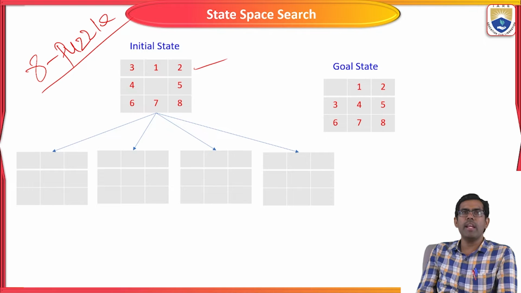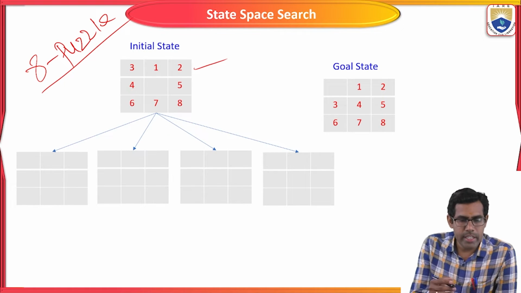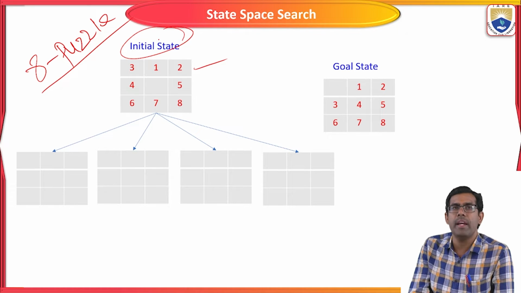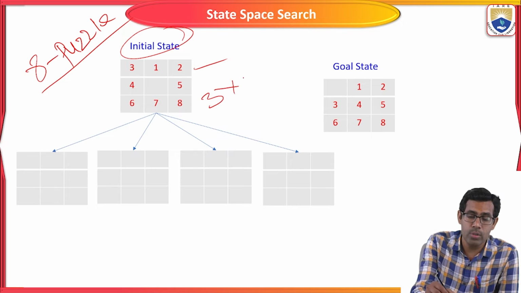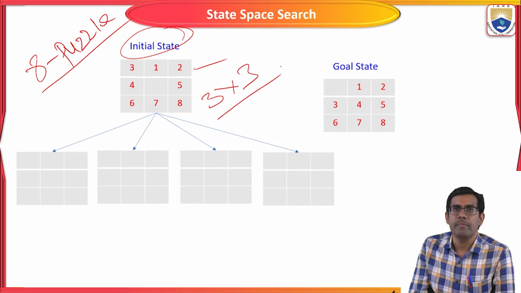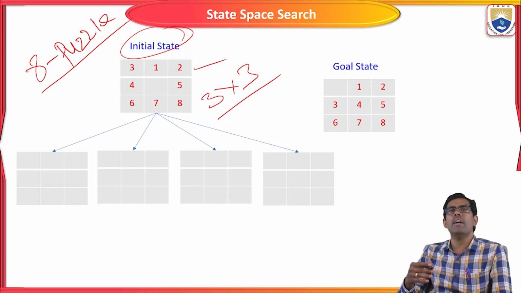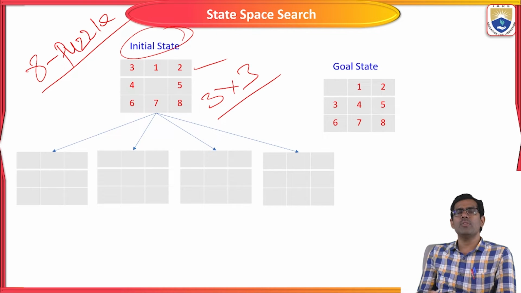We have to arrange all the numbers in sequence. The initial state is considered as a 3 by 3 matrix, in which there are 8 numbered tiles that we have to arrange in order.